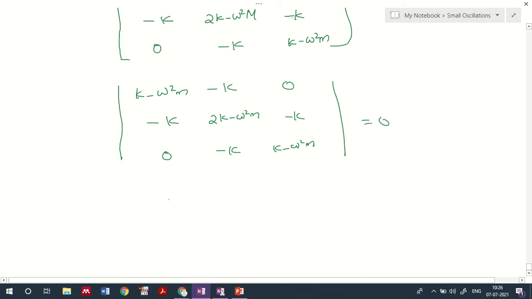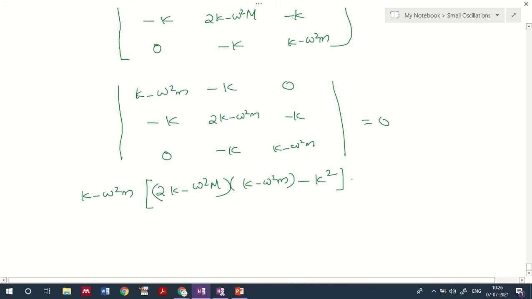Determinant of this one means, if you do the expansion, you'll have k minus omega square m into, if you take the first element, 2k minus omega square capital M into k minus omega square m, minus k square. Multiplying this, k square will be there. So that's the first term.